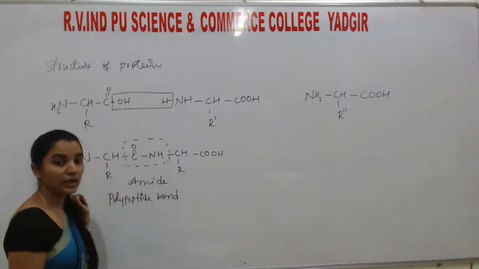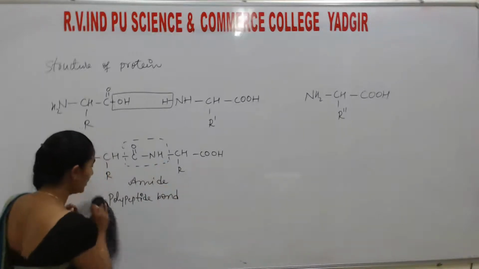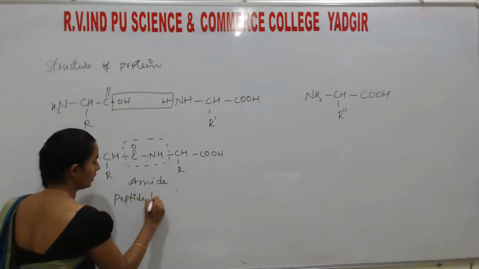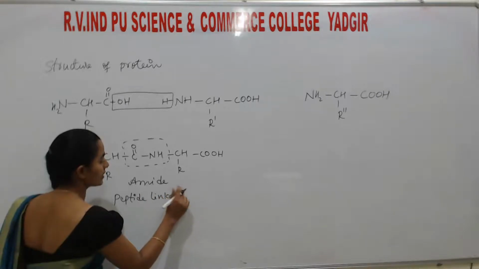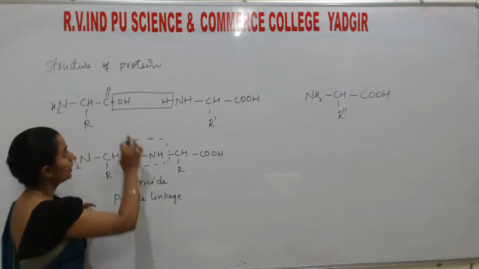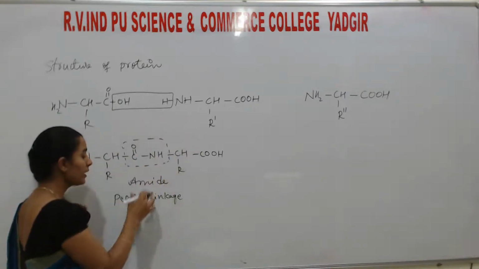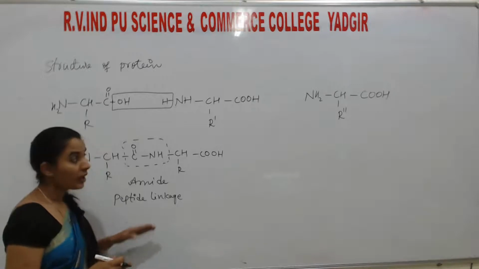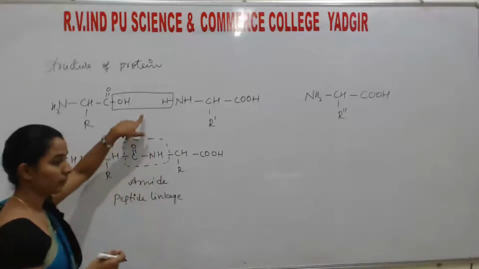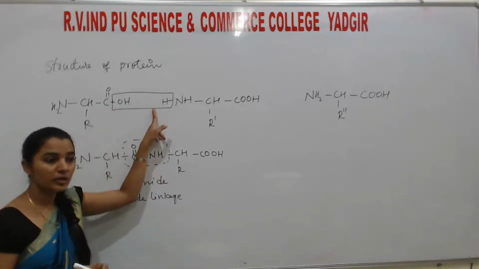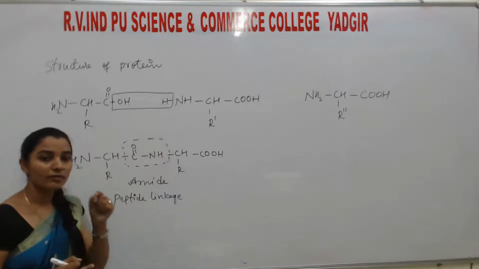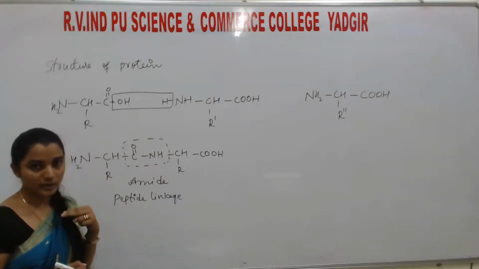A polypeptide linkage. Sorry, not polypeptide. Peptide linkage or a peptide bond you will see. Students, if the bond is formed between two amino acids, then it is a dipeptide. If it is between three, then it is a tripeptide. The bond is only one, but between how many amino acids? Two amino acids. So it is a dipeptide bond, the bond formed by two amino acids.